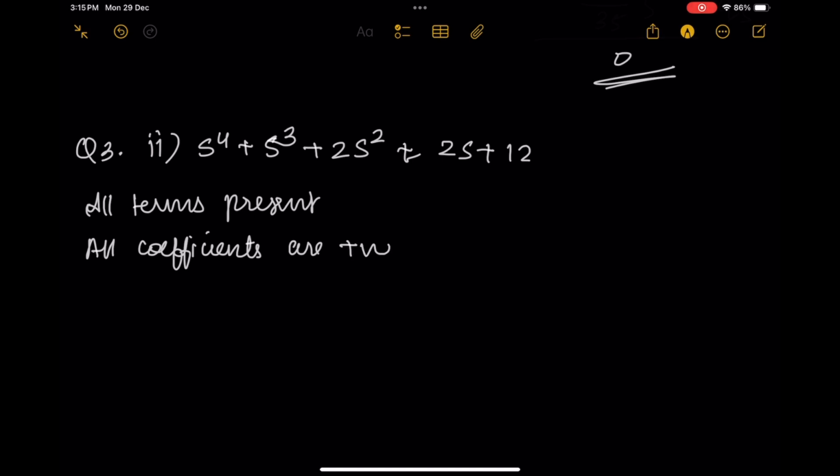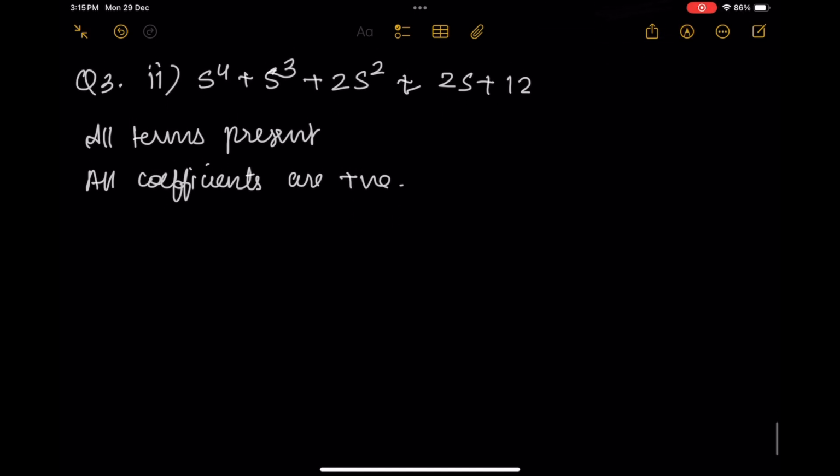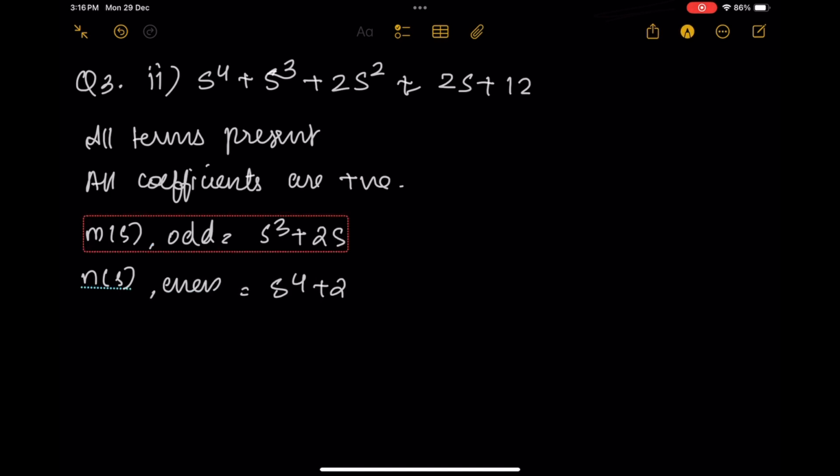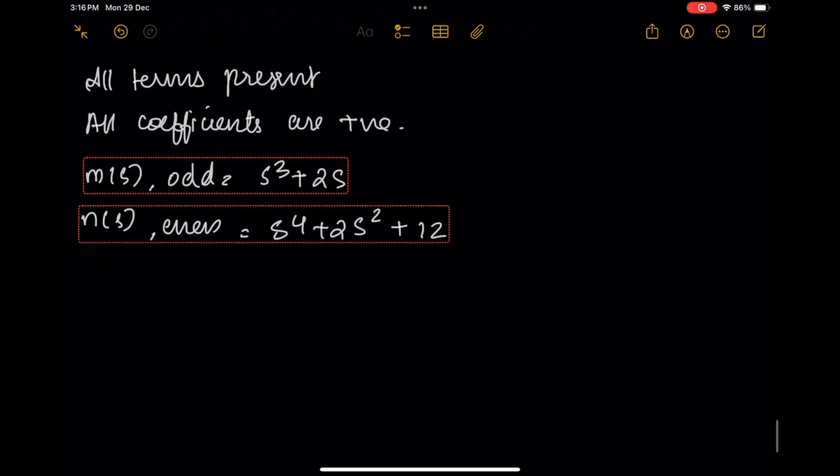Okay, now I am moving on to separating odd and even terms. Odd terms we'll write s cube plus 2s. Even terms we get s raised to 4 plus 2s square plus 12. And now what we're going to do is we take the term with the highest power as the numerator.